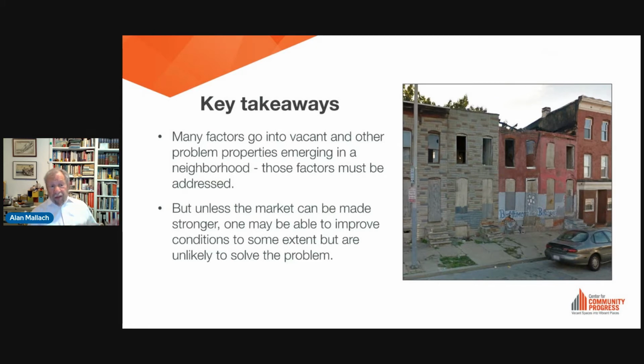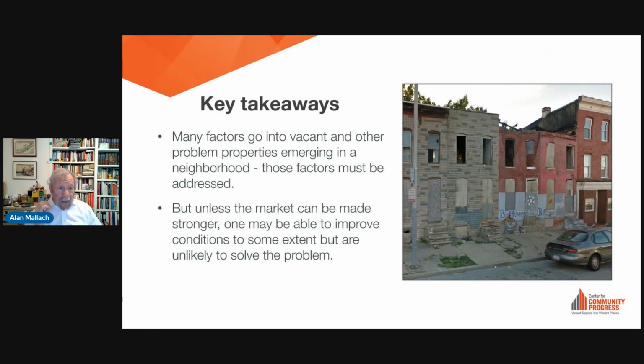So some key points. Again, as I mentioned this morning, there are a lot of different reasons, a lot of different factors that go into where you have problem properties, vacant and abandoned properties. But, and I think this is a pretty good statement, you have to tackle the other problems. You have to tackle racism.